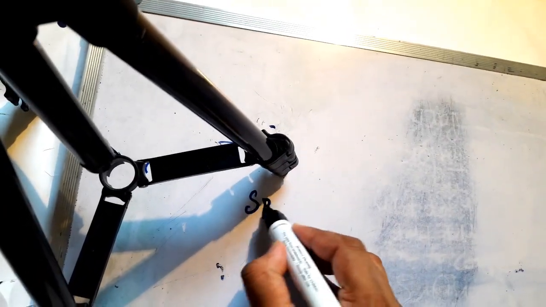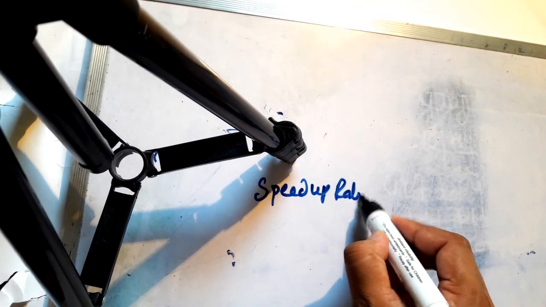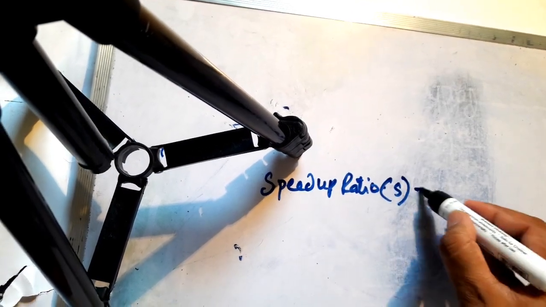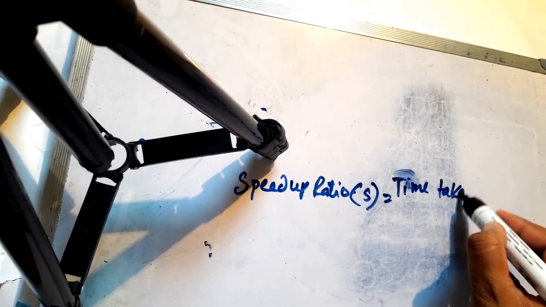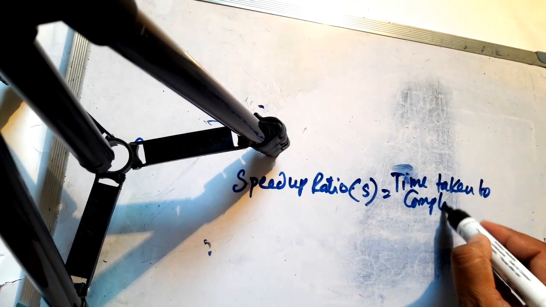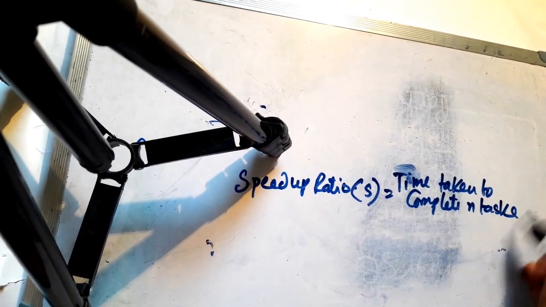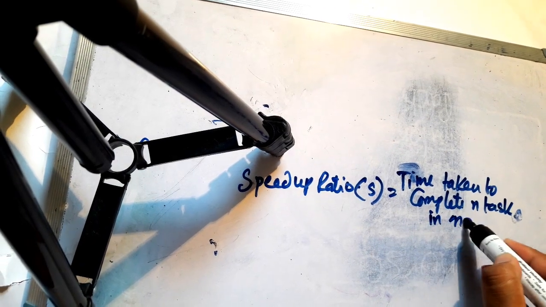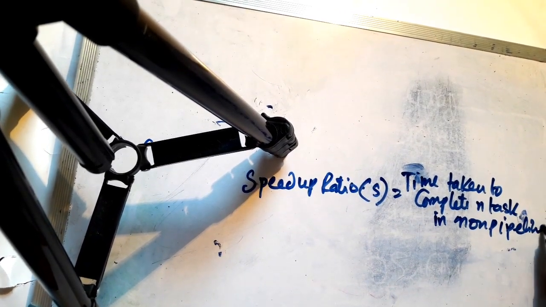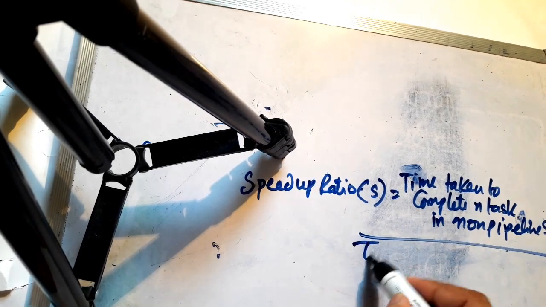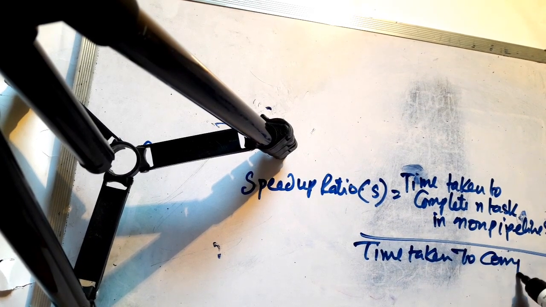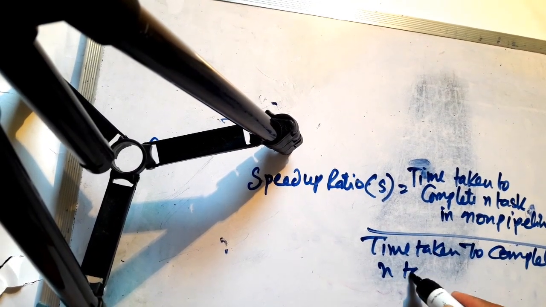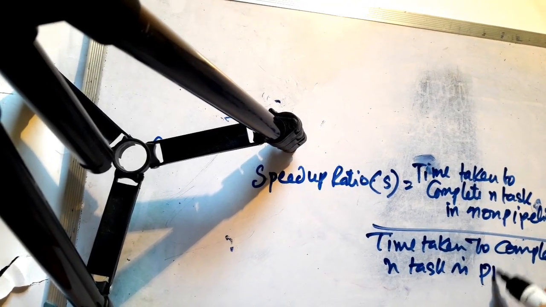Now in ratio format, speed up ratio S is denoted by S equals the time taken to complete n tasks in a non-pipeline system divided by the time taken to complete n tasks in a pipeline system.